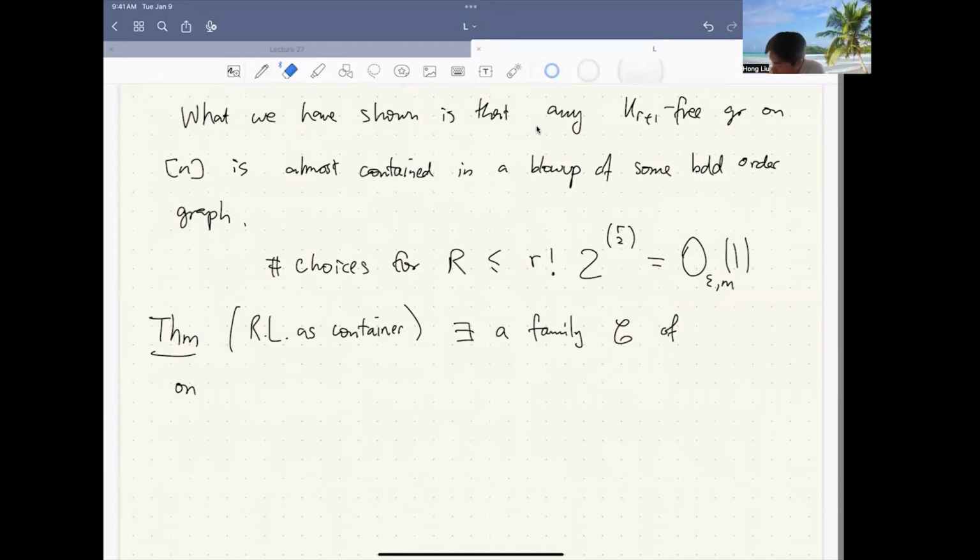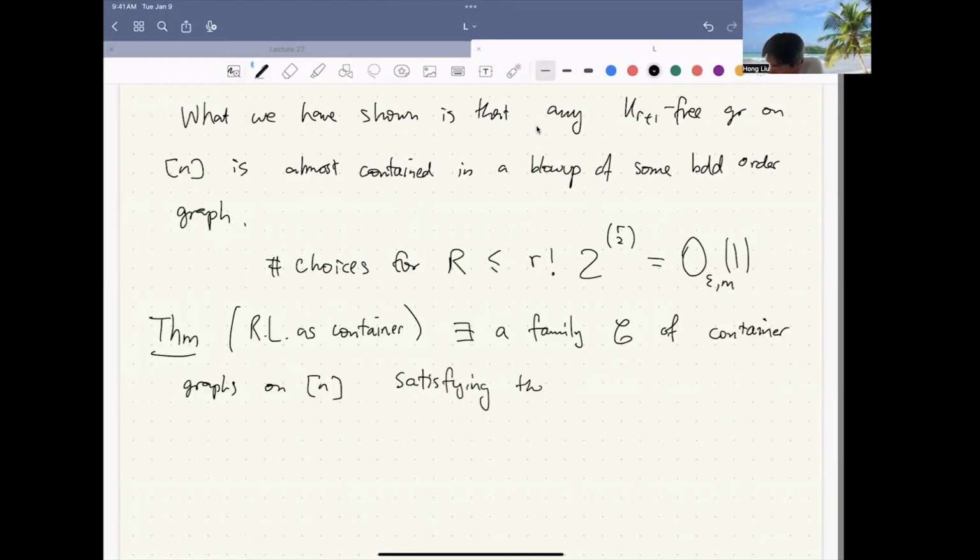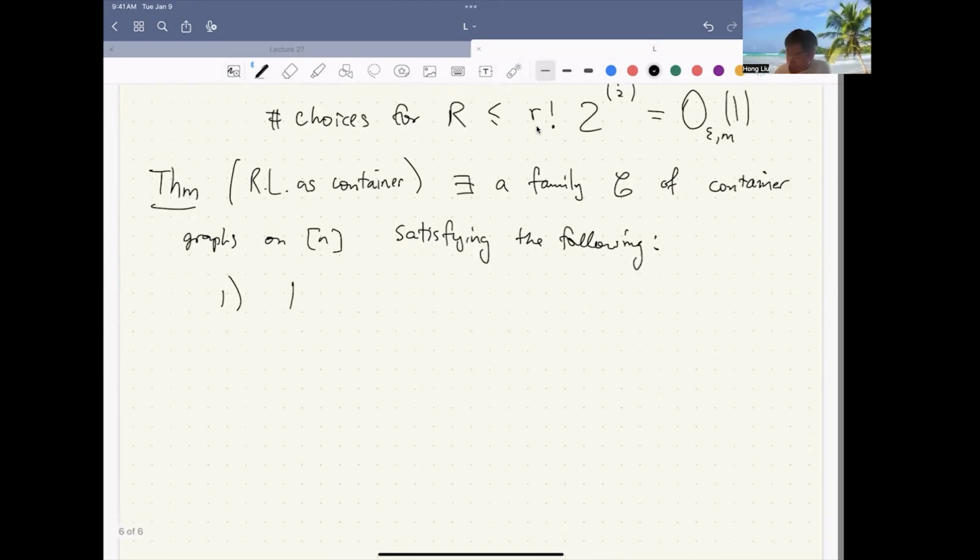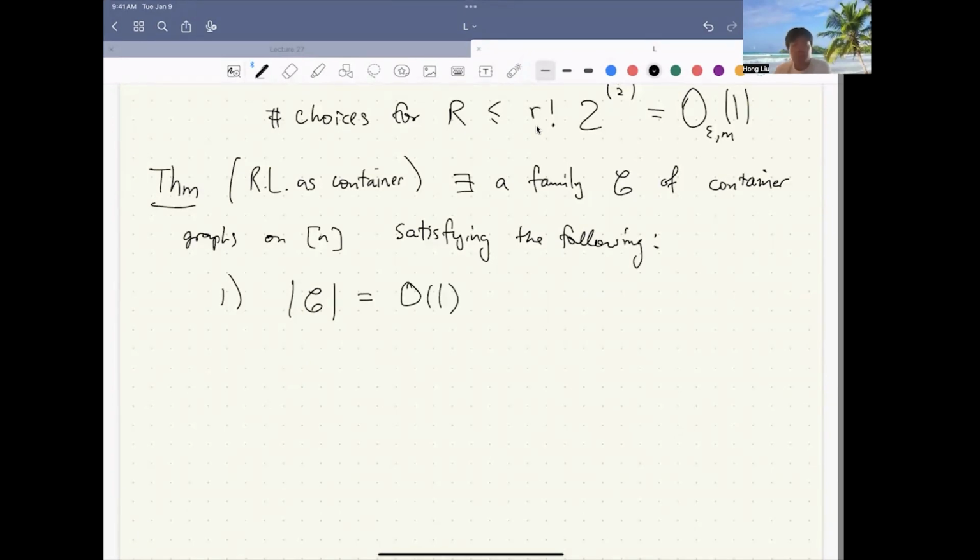There exists a family C of container graphs on the first n integers, labeled, with the following property. First property: the number of containers in C is a constant number. Only a constant number of containers.